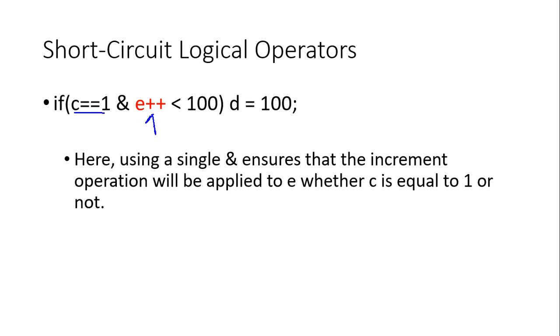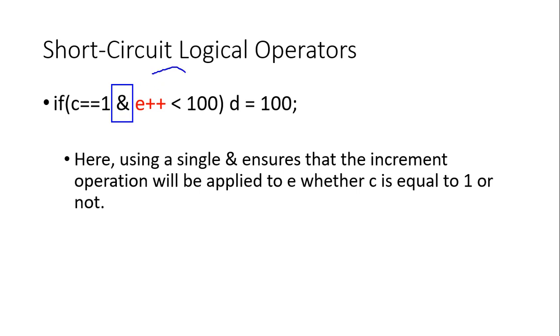In some situations, you may not want that thing to happen. For example, if you look here, if C is equal to 1, then you increment E++, that is increment E, and compare whether it is less than 100. If C is not equal to 1, in that case, what is going to happen? Because it is a single ampersand, it is not short circuit, this one will get incremented.